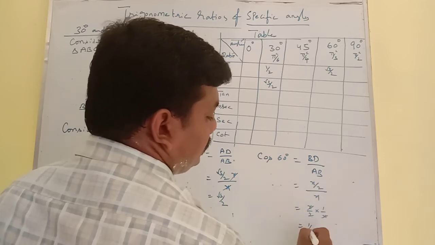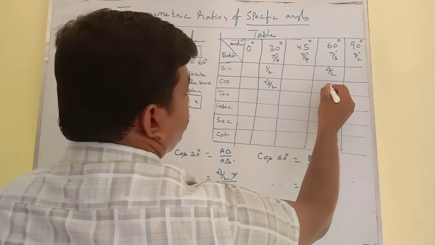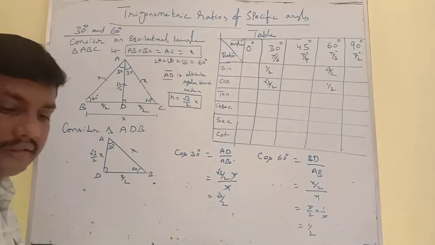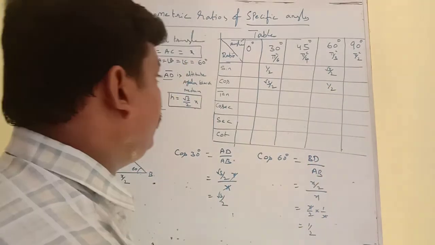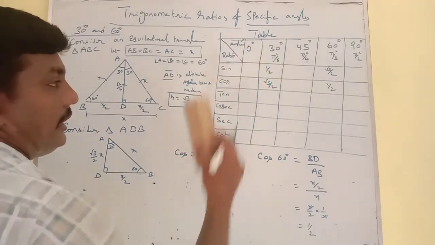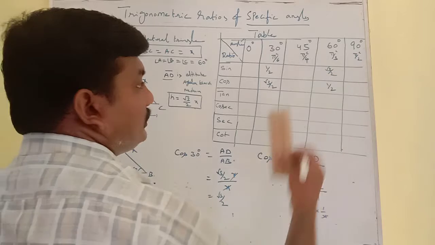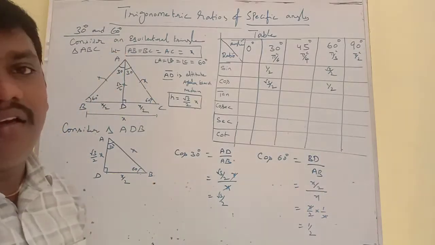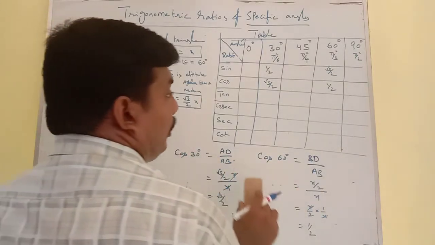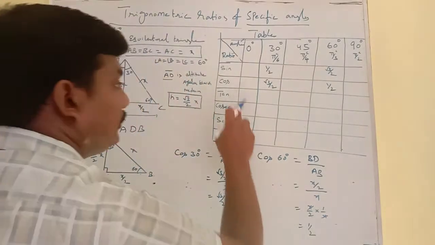The x cancels. This is 1 by 2. So cos 60 is 1 by 2. Like that we can find sine 30, sine 60, cos 30 and cos 60 using the equilateral triangle.